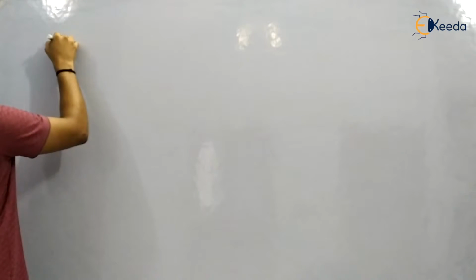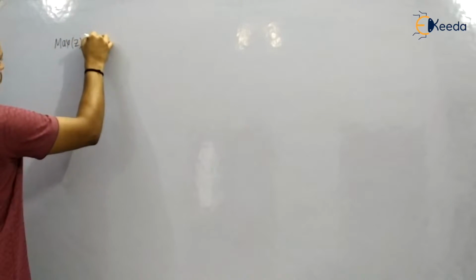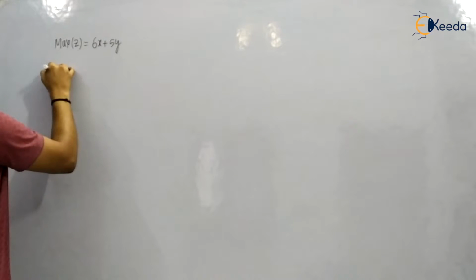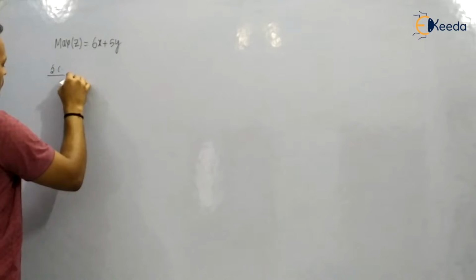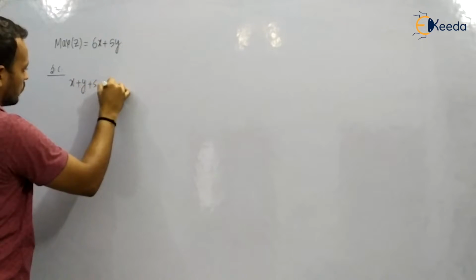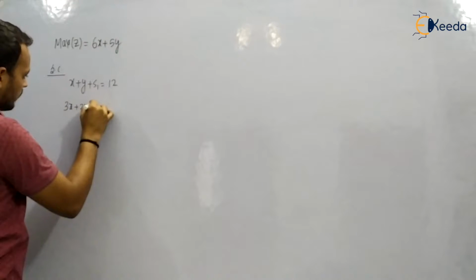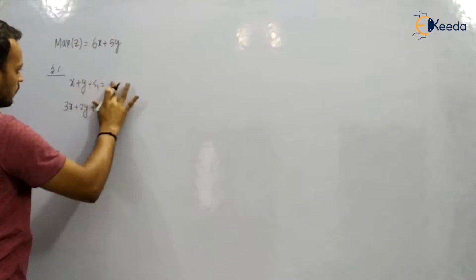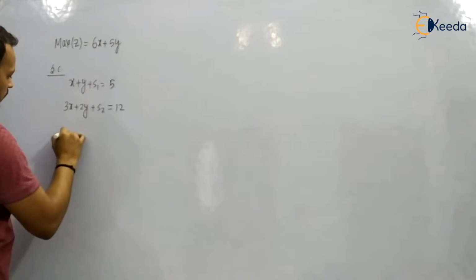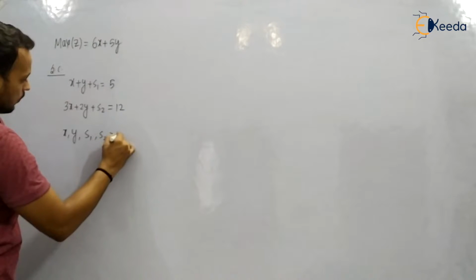The problem is: maximize z equals 6x plus 5y, and the constraints, which you converted, are x plus y plus s1 equals 5, 3x plus 2y plus s2 equals 12, and x, y, s1, s2 are all of positive type.